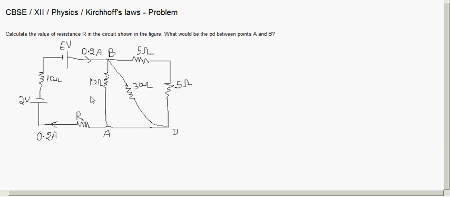The given circuit is like this: 6 volt, 2 volt, 10 ohm, 15 ohm, R, and then 5 ohm, 5 ohm, 30 ohm. The question is to find out what is the value of R and also what is the potential difference between points A and B.